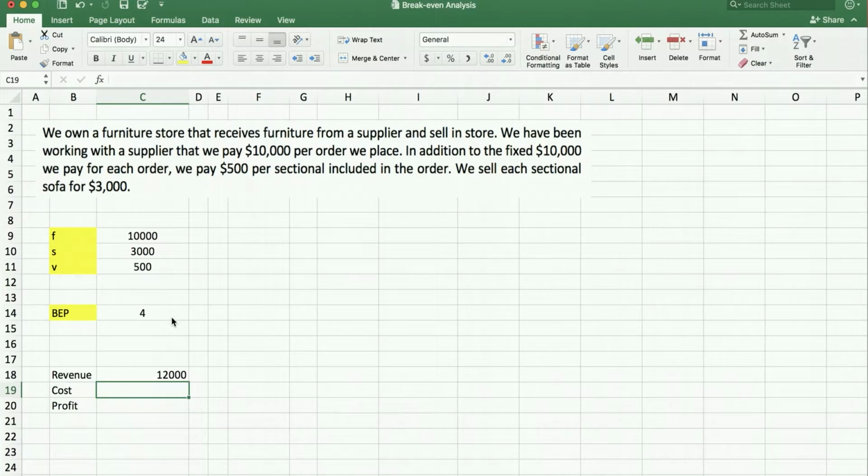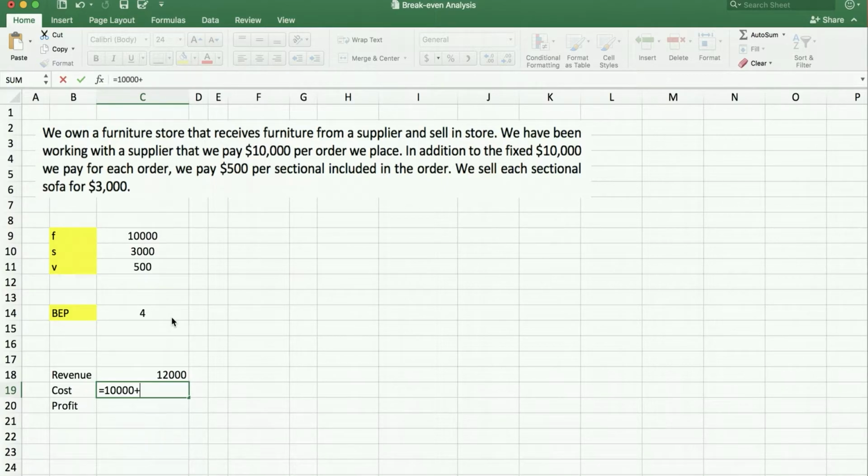And the cost of each sectional sofa, we are paying $10,000 fixed cost, right? So even if we order one sectional sofa, we have to pay this $10,000. Therefore, we have to include the cost of $10,000, which is the fixed cost. And for each sectional sofa we include in the order, we are paying $500. So if I'm placing an order, I am paying $10,000.